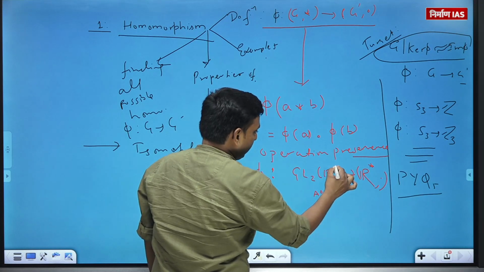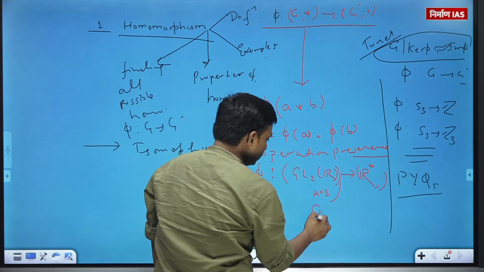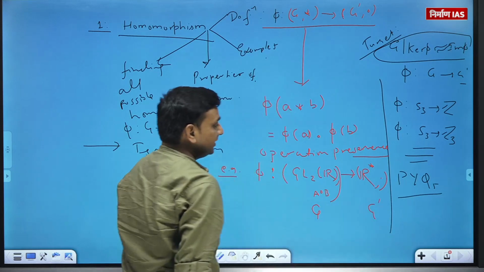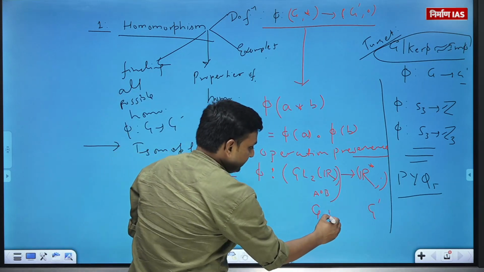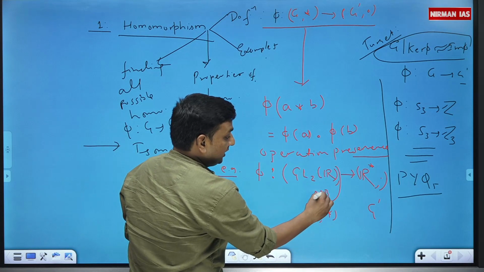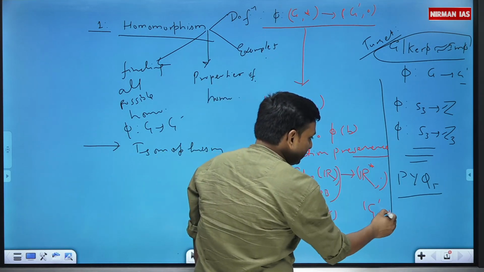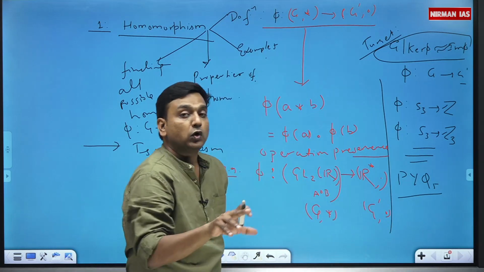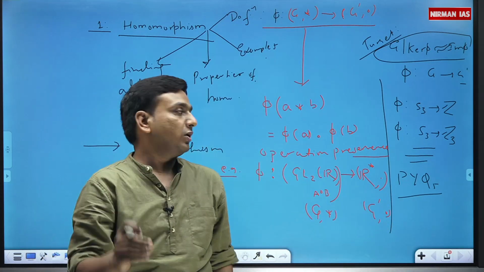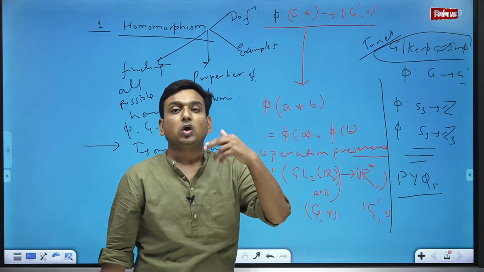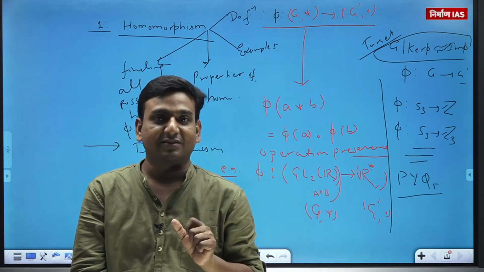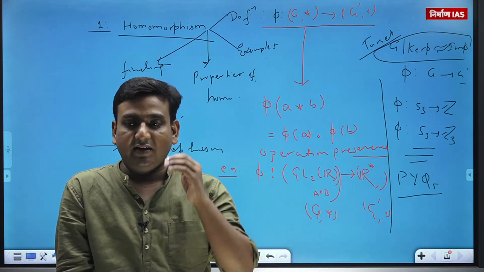Multiplication of matrices. So this is my G, this is my G dash. What is the star composition here? Multiplication of two matrices. What is the composition here? This is multiplication of two real numbers, where R star represents the set of non-zero real numbers. Is that fine to you all?